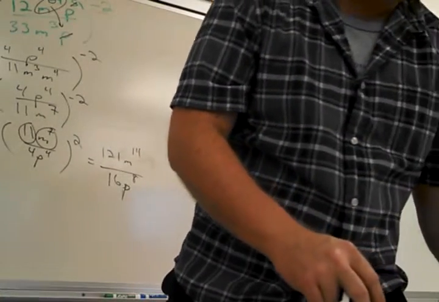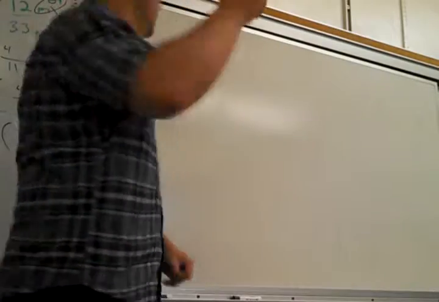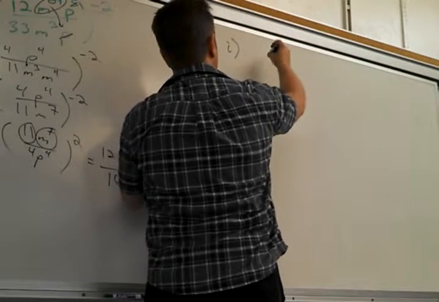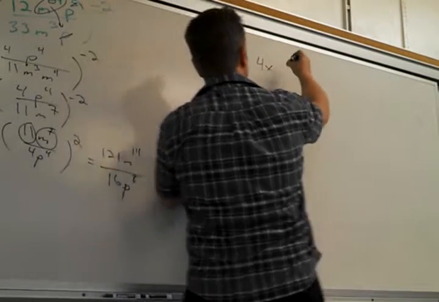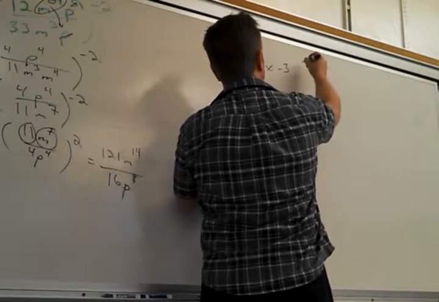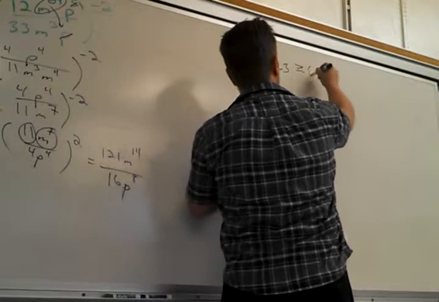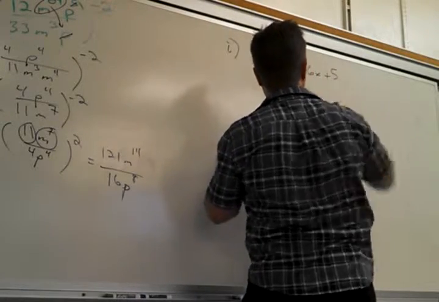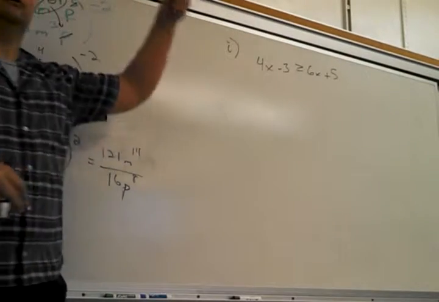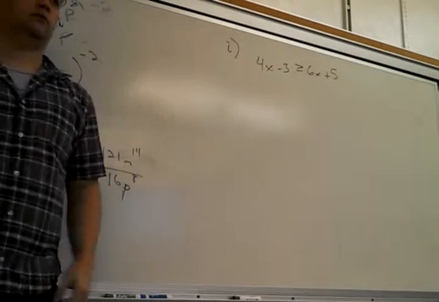We haven't seen absolute value stuff yet, but we have seen stuff like this here. Just straight up like this. How would you solve that? Interval notation and graph it.